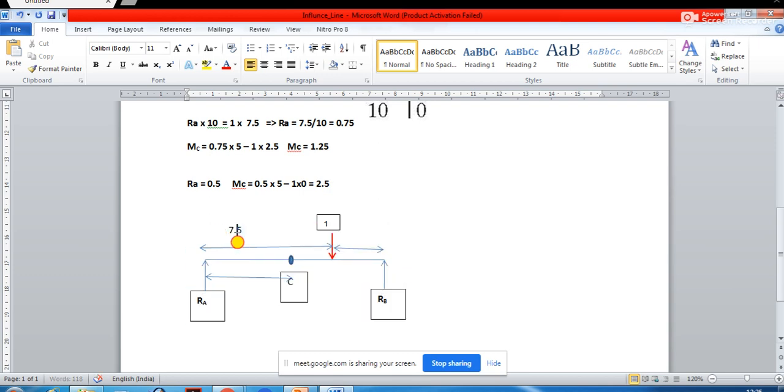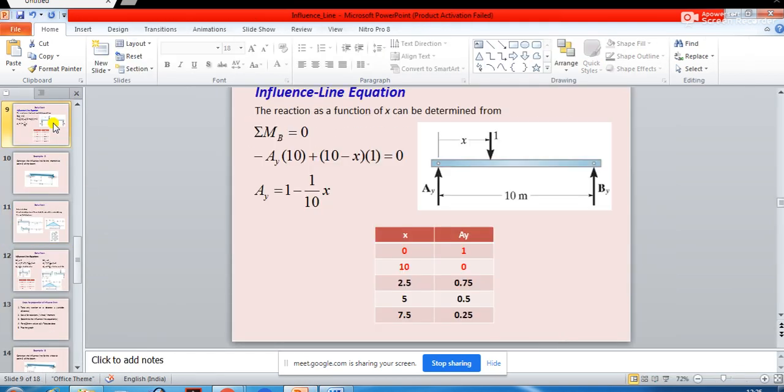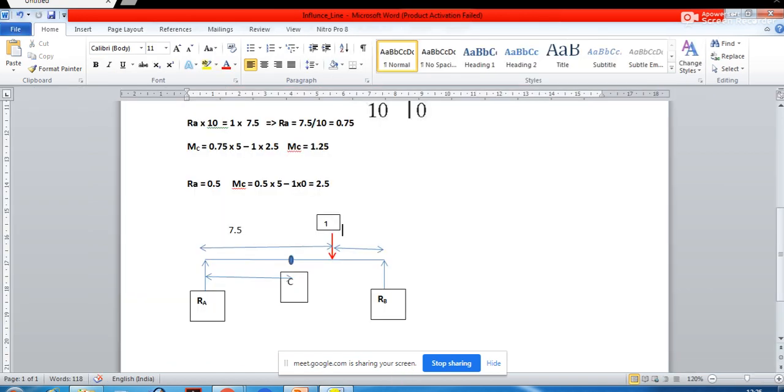When this load is at 7.5 meter distance from here, what will be the reaction at A? Can anyone tell? We have done it in the previous class. If the load is at 7.5, it is 0.25, right?